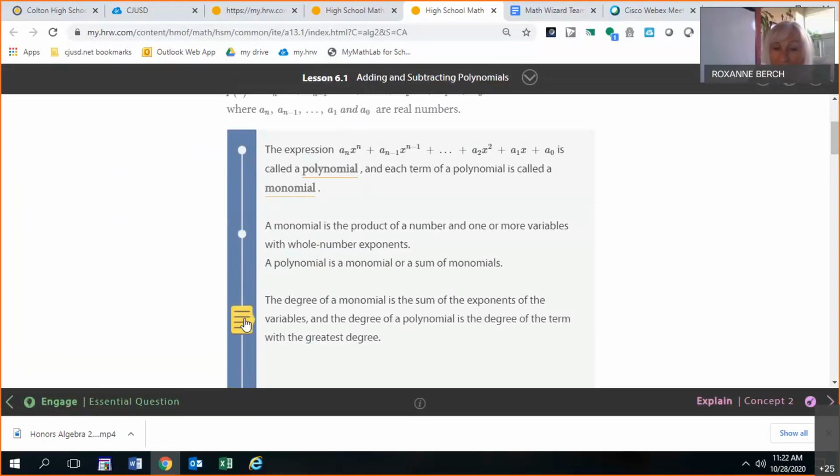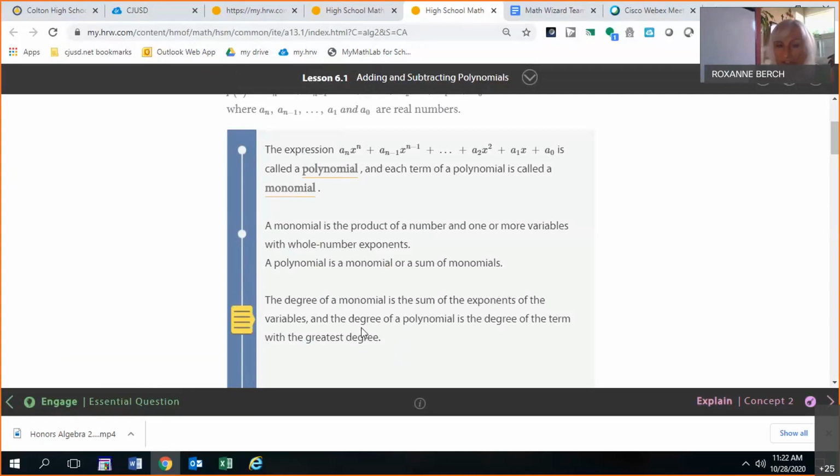Okay, so the degree of a monomial, the degree of a term, is the sum of the exponents of the variables. We've looked at the degree of a polynomial, and we already know what that is: the degree of the term with the greatest degree.